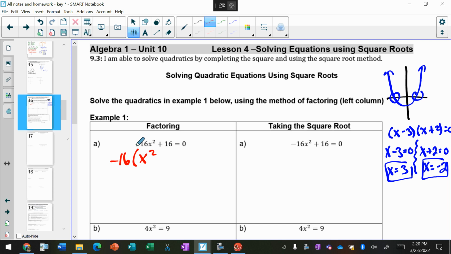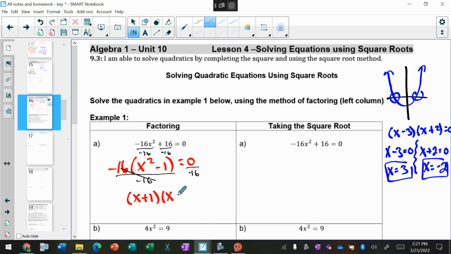So factoring out the factor of -16 means I will divide each of my original values by -16, leaving me with x squared and then -1. From here, I mentioned that if your GCF is just a number and no variable attached to it, you can divide out that number and then factor what's left if it would factor any more.